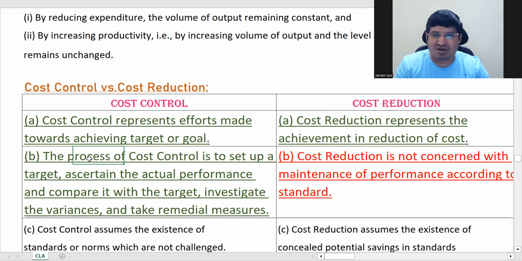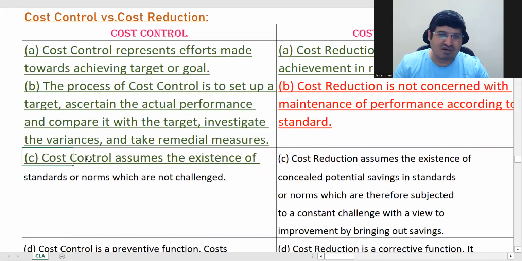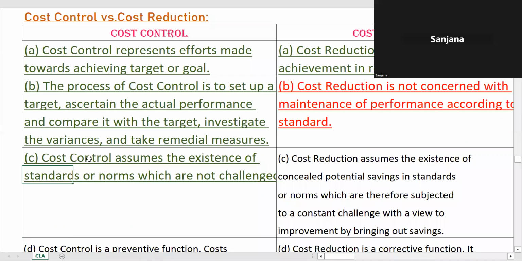Here, it is not concerned with maintenance of performance in comparison with a standard. Then cost control assumes existence of standards or norms which are not to be challenged.